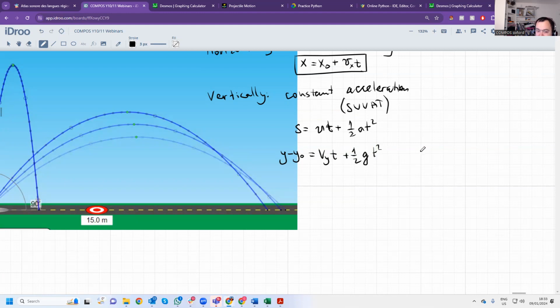But we already know that g is minus 10. So we can write that y is equal to y0 plus vy t plus 1/2 gt squared.